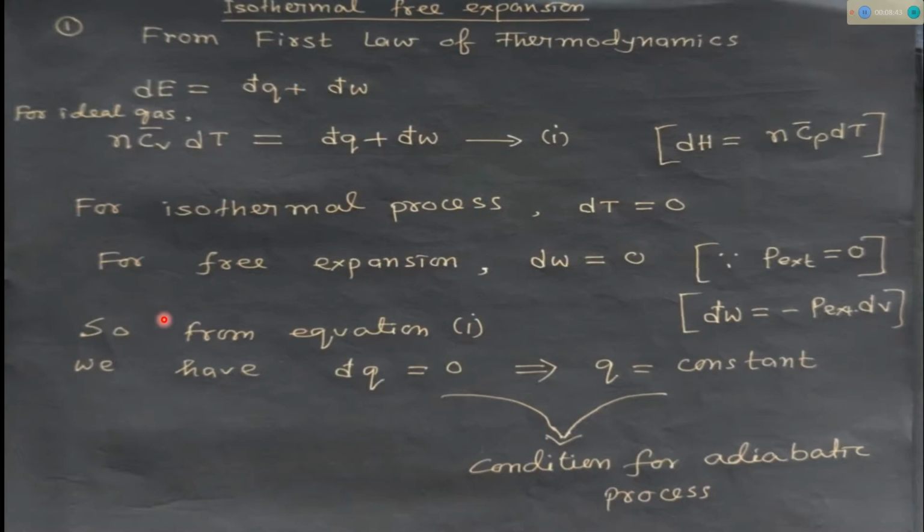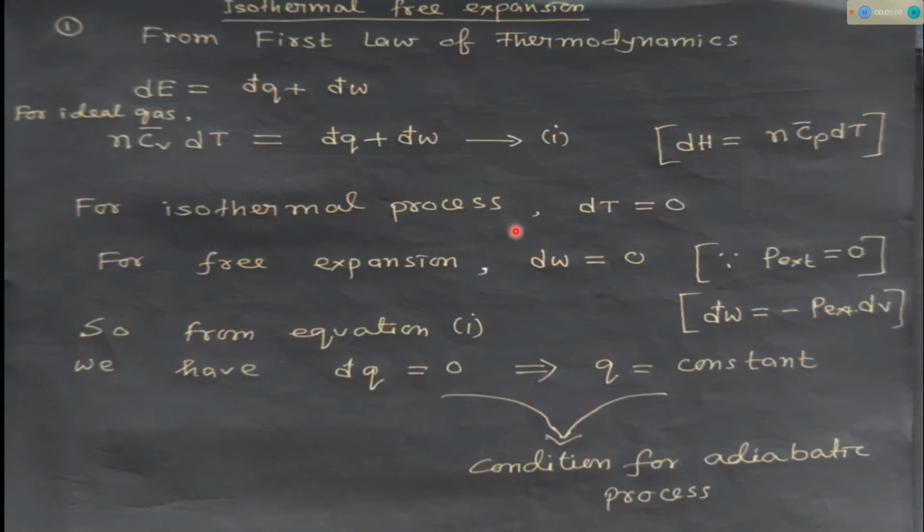So from equation 1 we can write n Cv bar dT equal to dQ plus dW. From these equations we can write dQ equal to 0. dQ equal to 0 means dW is 0 and dT is 0. So for an isothermal process, dT 0 means this term becomes 0. For free expansion, dW is 0.